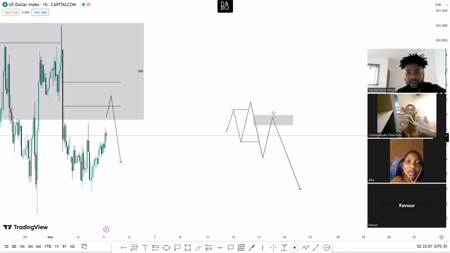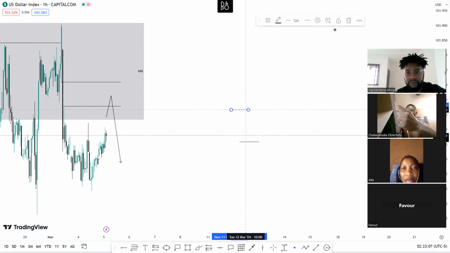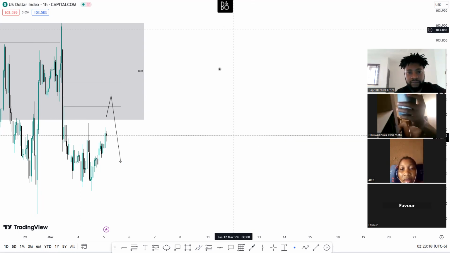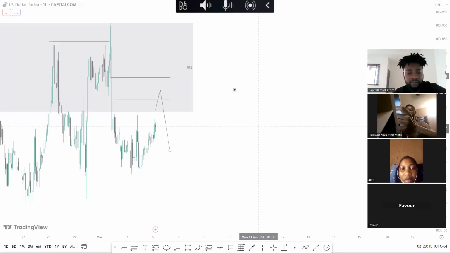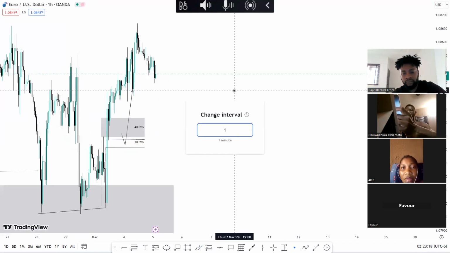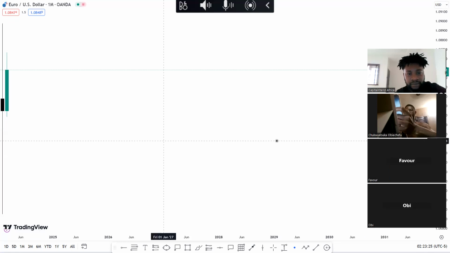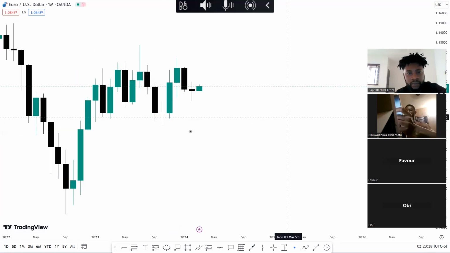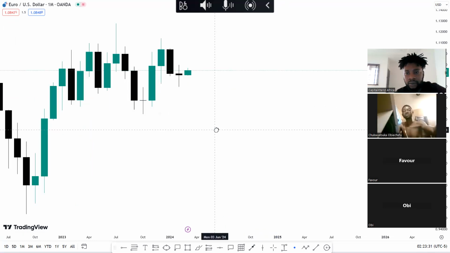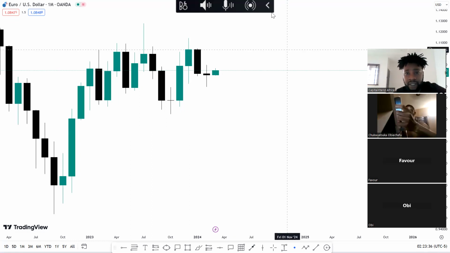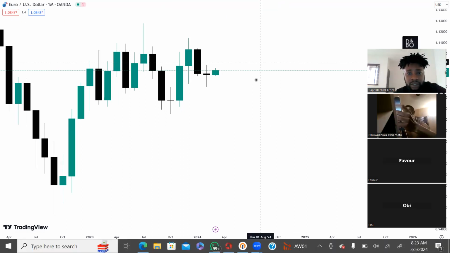So let's quickly take a look at Euro USD and see what we're going to get from Euro USD. Looking at Euro USD, on this monthly time frame, all the candles here represent what happened in the last 1 month.